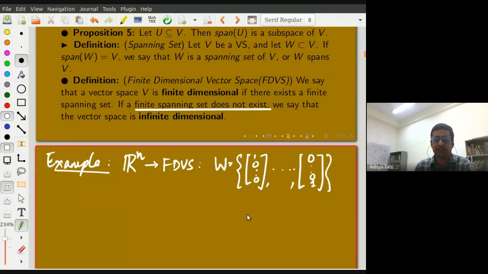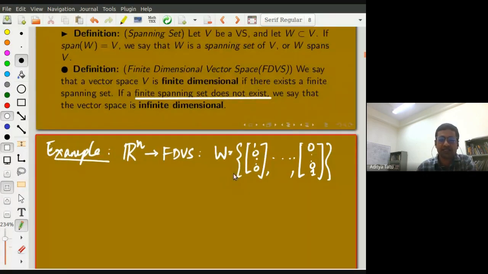Note once again, this does not imply that all spanning sets of Rn are finite. For example, Rn itself is a spanning set of Rn because span of Rn itself is Rn. In Rn, of course, there are infinitely many elements.